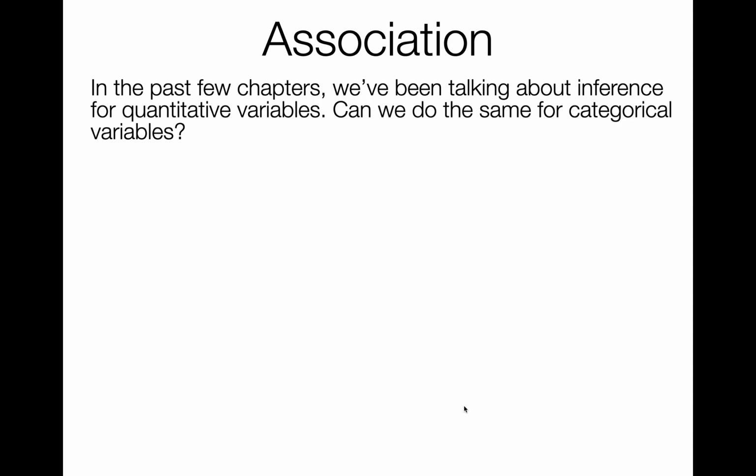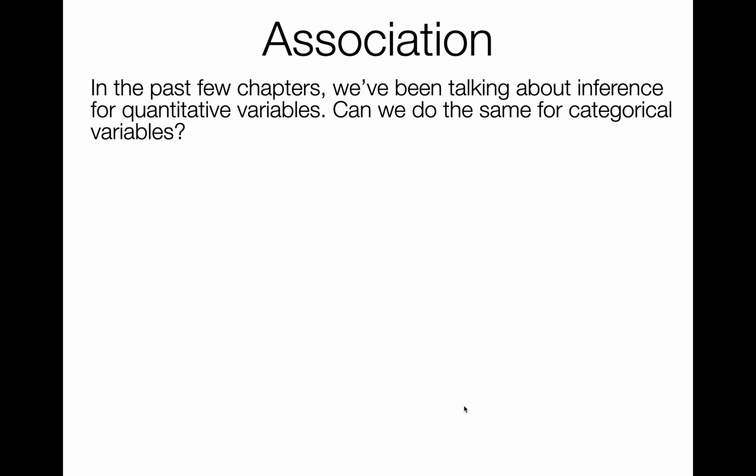So we've been talking about, in all the chapters that we've been doing, p hat and x bar, but what they have in common is that the variables that we've been talking about are quantitative. So what do we do for categorical variables? Can we do the same thing? Do we have to change what we do? How different is that going to look?